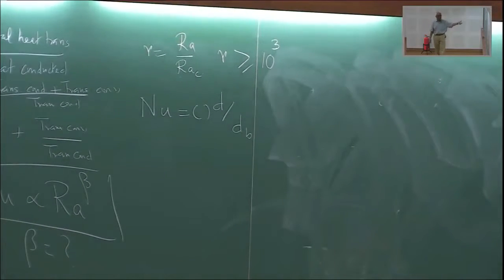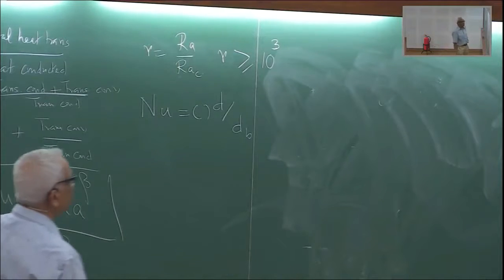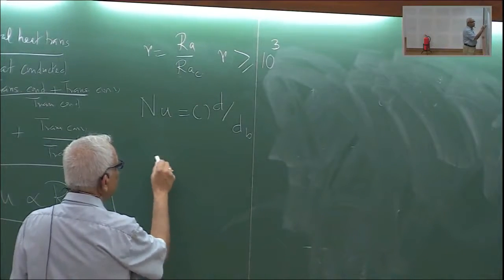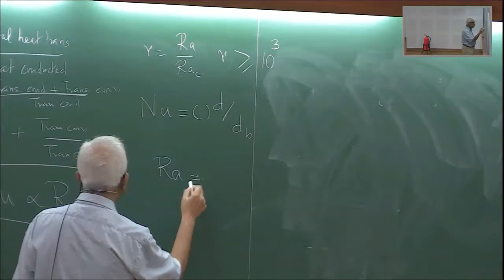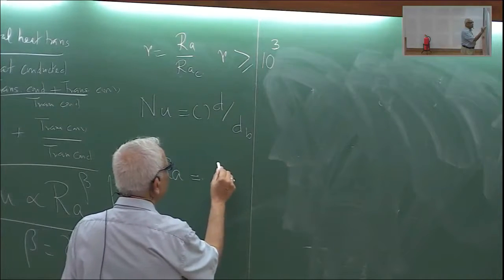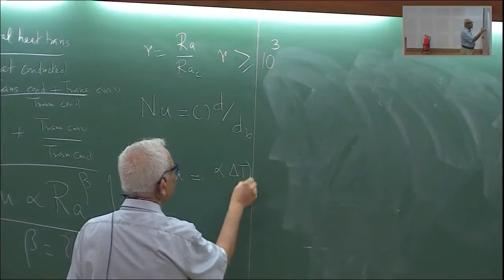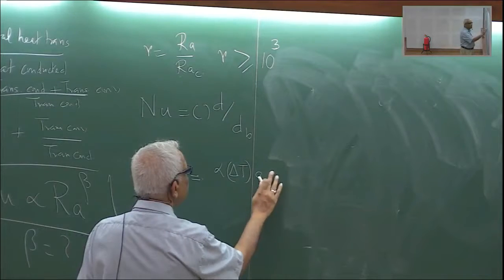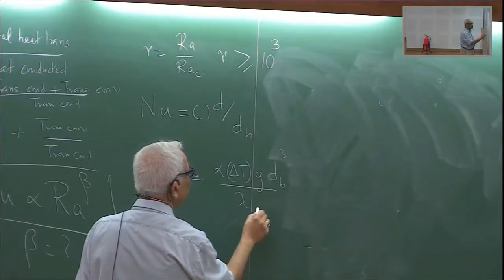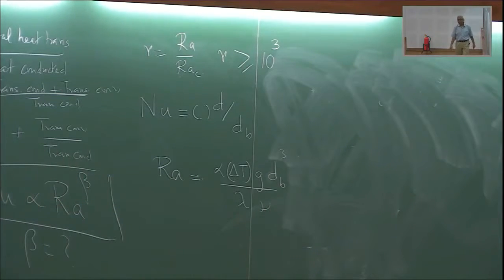So if the boundary layer is conducting, then what is the Rayleigh number associated with the boundary layer? The Rayleigh number associated with the boundary layer is alpha delta T g d_B cubed divided by lambda times nu. So that's the Rayleigh number associated with this boundary layer over here.